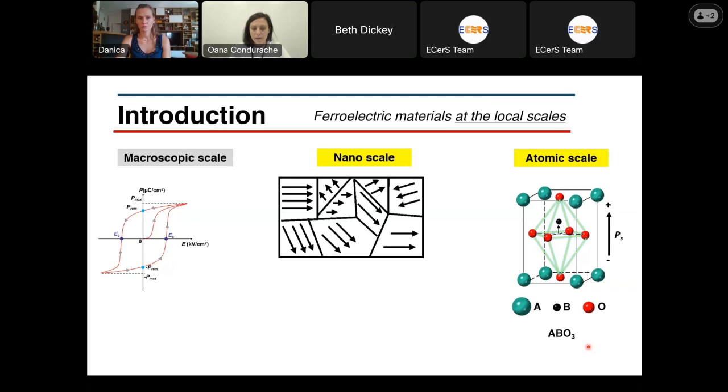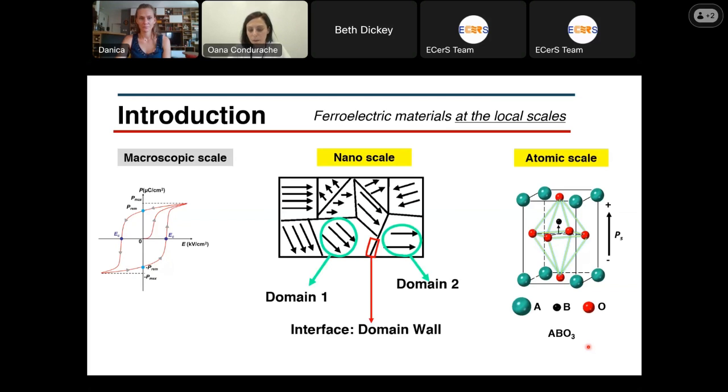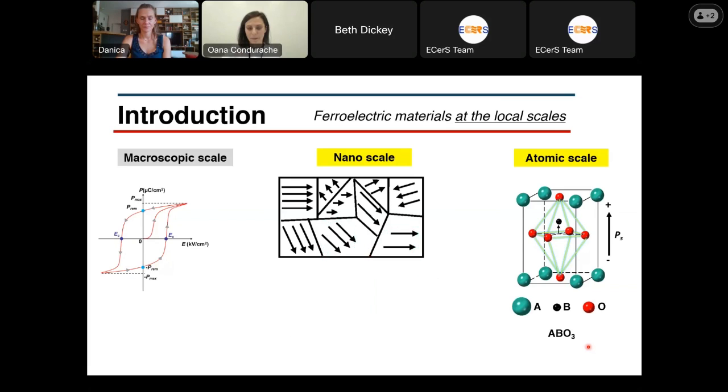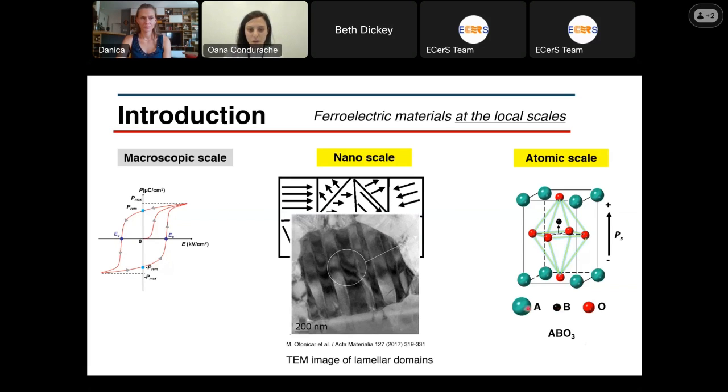Ferroelectrics organize in regions of spontaneous polarization, and these regions are called domains. In between two domains there is an interface, called a domain wall. This is a TEM image of a domain structure.